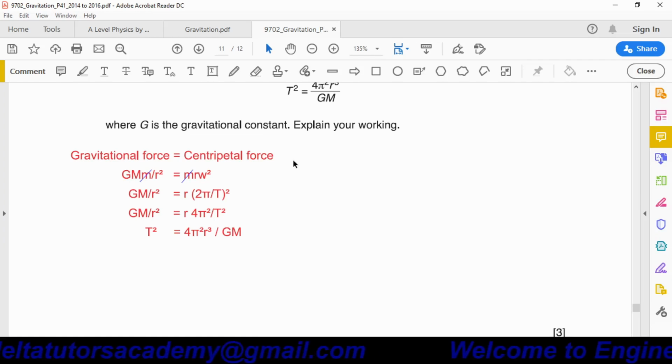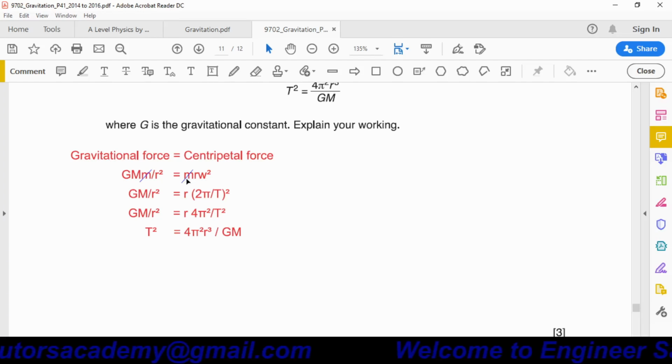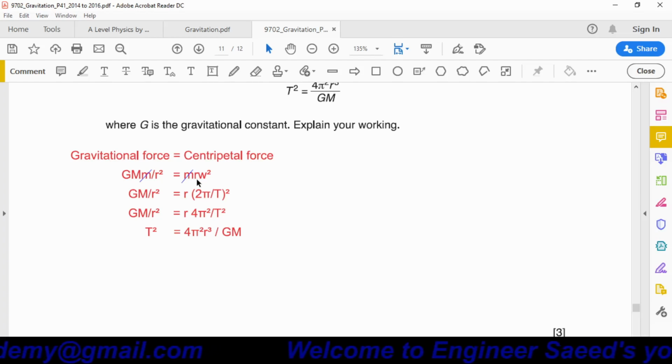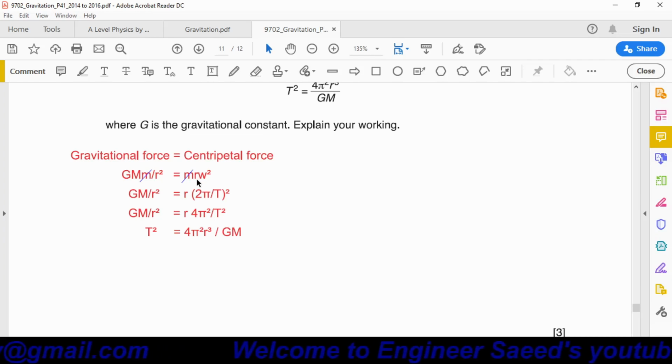And for centripetal force we have the formula m r omega square, where m is the mass of the satellite moving around, and r is the distance between the satellite and the planet. In this case our planet is Earth, so this r is the distance between Earth and the satellite.